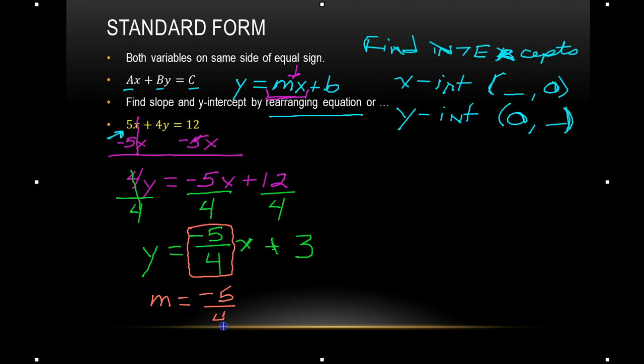So the y-intercept is at 3. Now you probably want to write that as a nice little point. Y-intercept is always when x is 0, my y value is, in this case, the 3.